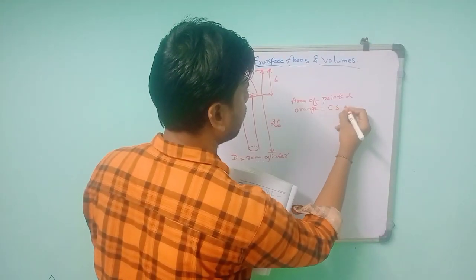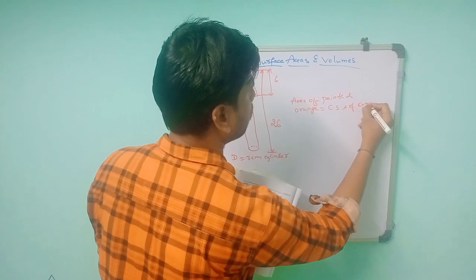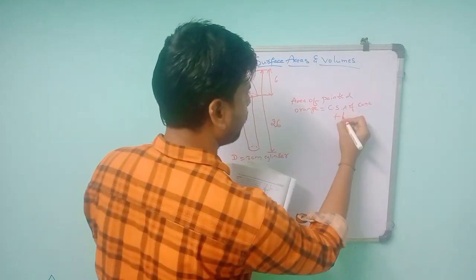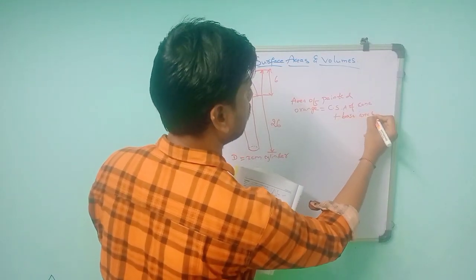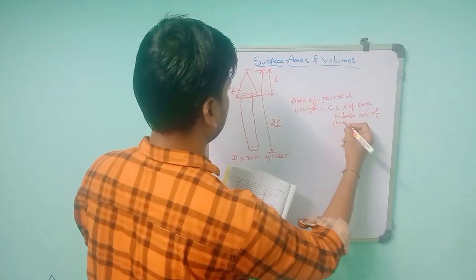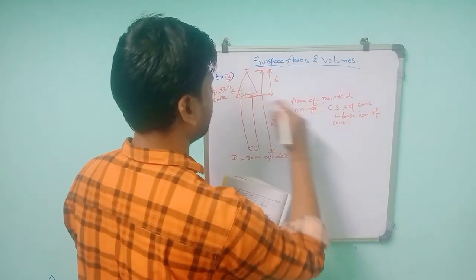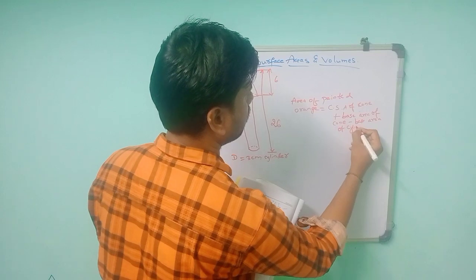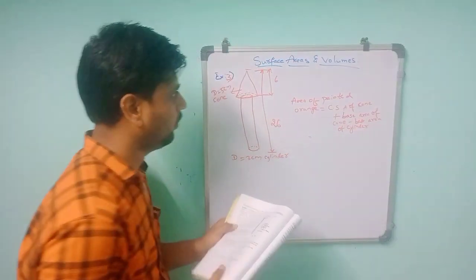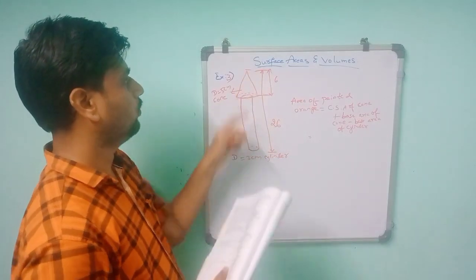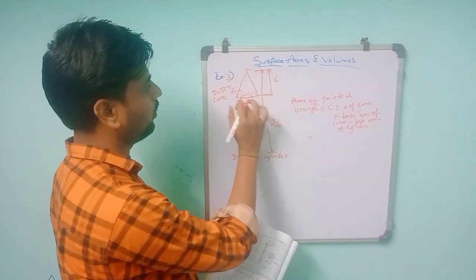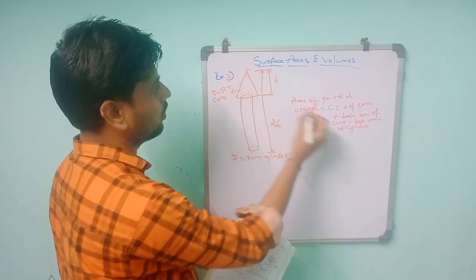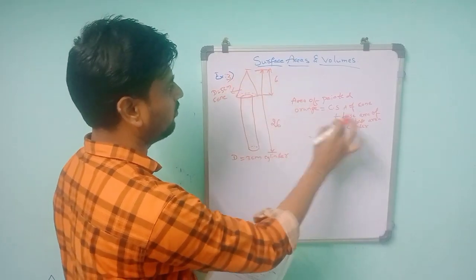So we take the curved surface area of the cone, plus the base area of the cone, minus the base area of the cylinder. We first paint the cone orange, so we don't want the base of the cylinder. The curved surface area of the cone is pi r l.